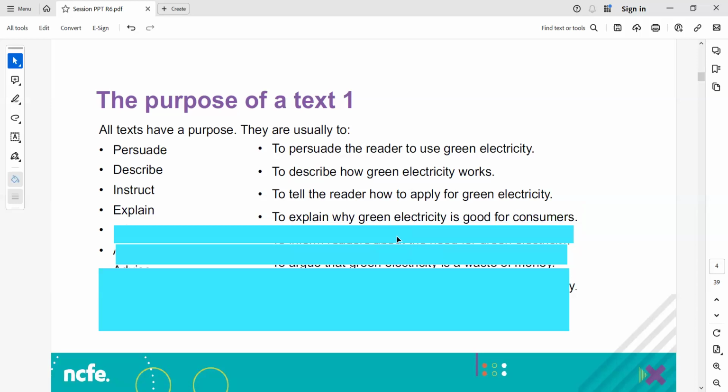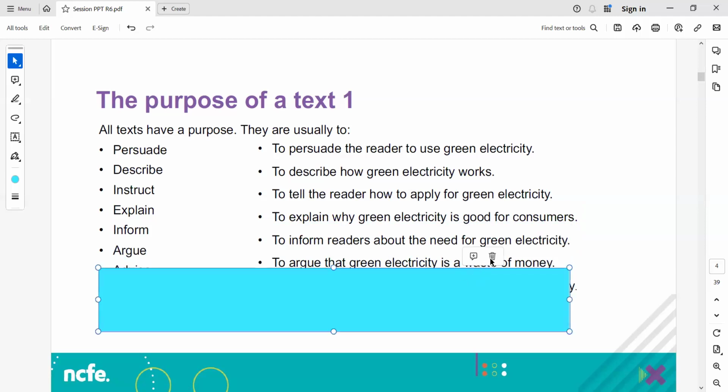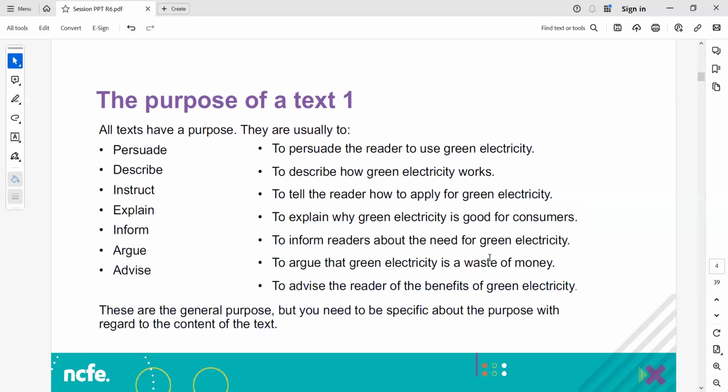To explain, so to explain why green electricity is good for consumers. To inform readers about the need for green electricity. To argue, so to argue that green electricity is a waste of money. To advise the reader of the benefits of green electricity.